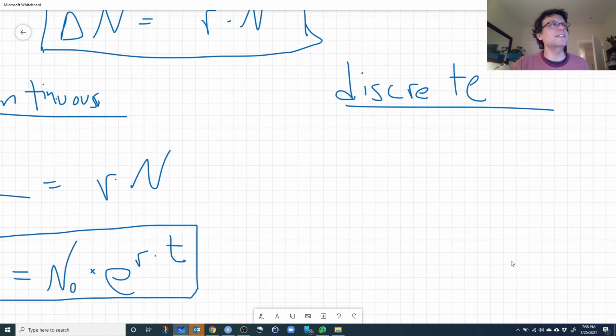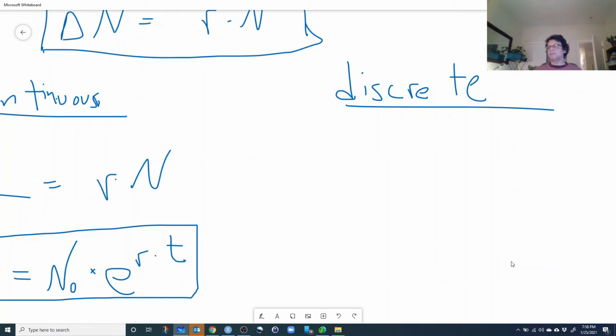So let's now think about discrete population growth. Now, the most fundamental constant for discrete population growth isn't little r, the intrinsic rate of population growth, but it's called lambda. All right. So again, you'll see this again and again in population ecology.